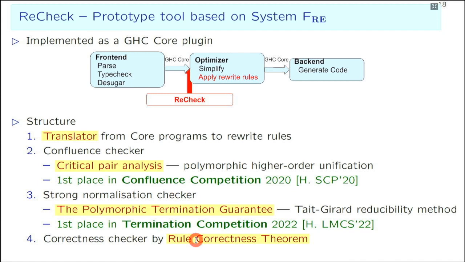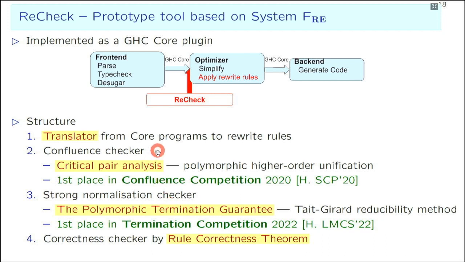Note that we have implemented a simply typed version of these techniques in my previous tool called SOL, which participated in the recent international confluence competition and termination competition, and actually won in both competitions in recent years.